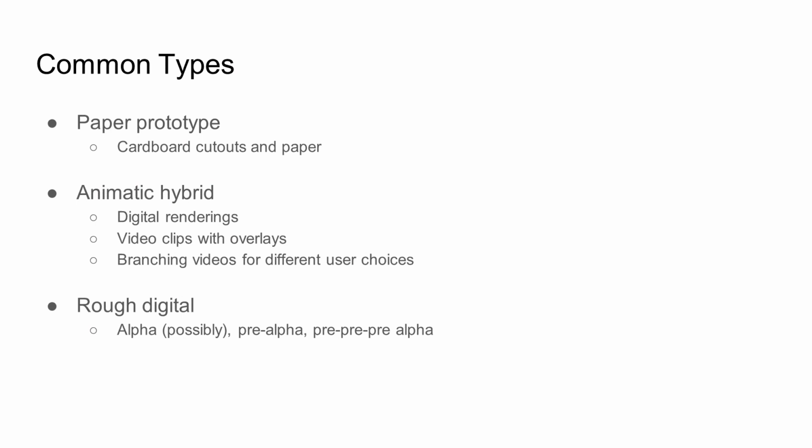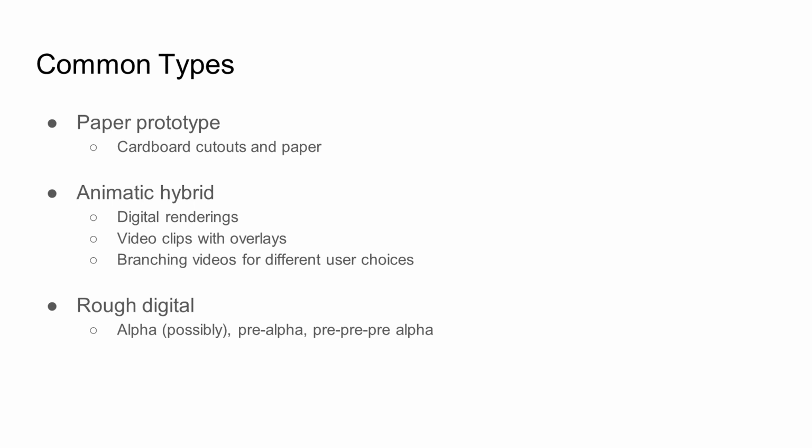Another type I've seen, which really is more appropriate for visualizations rather than actual prototypes, it actually really limits your interaction. The way I would describe it is animatic hybrid, basically. So this is where you would take pre-made assets.